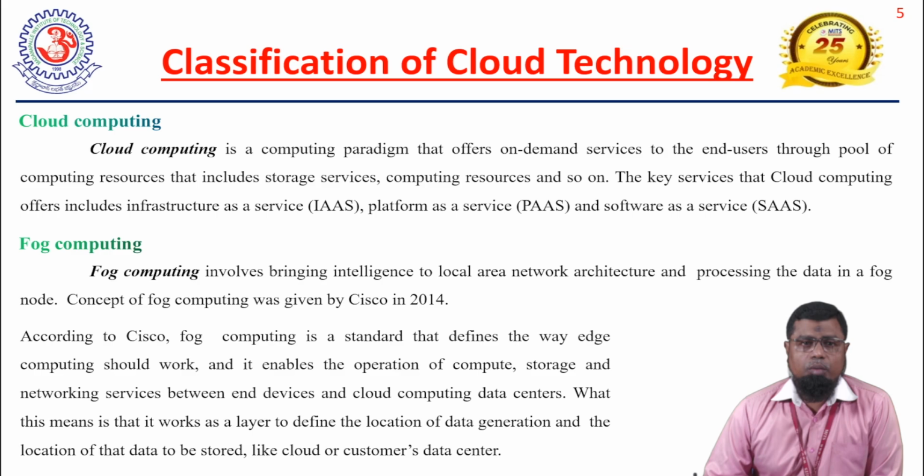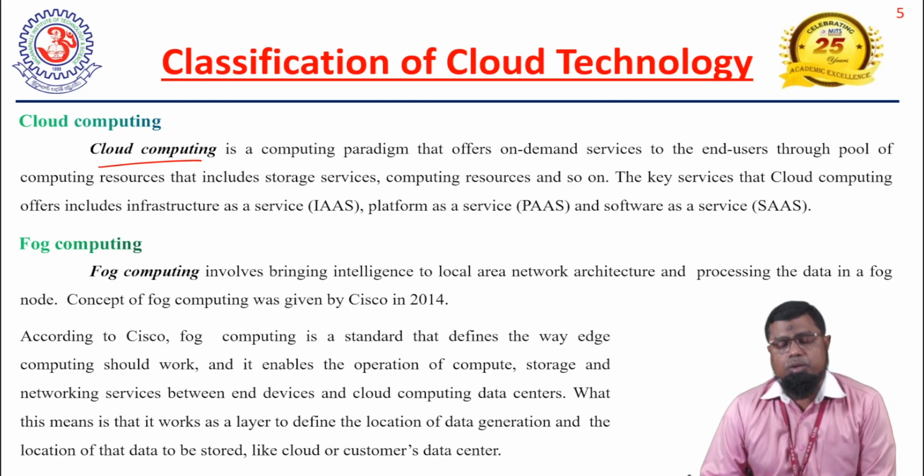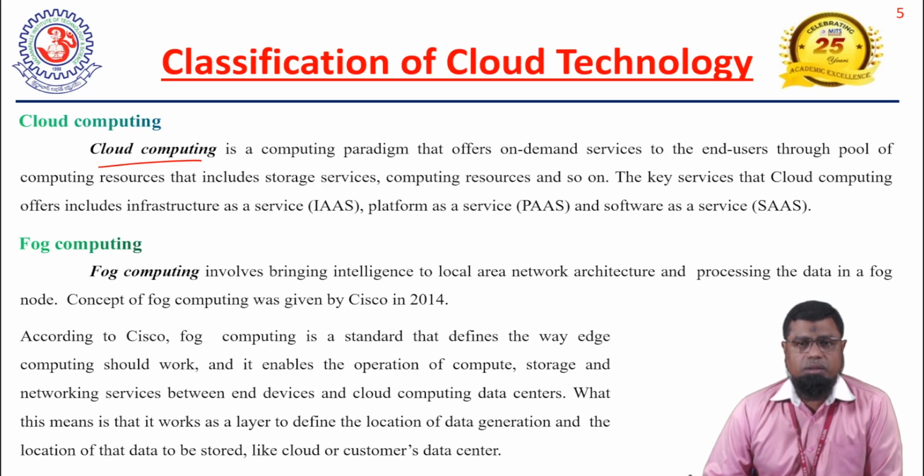So let me see one by one how this classification is going to affect this cloud technology. First, let me define what cloud computing is. Cloud computing is a computing paradigm that offers on-demand service. There are so many vendors: Amazon Cloud Service, AWS, Azure Cloud Service, and a lot more people providing cloud service.